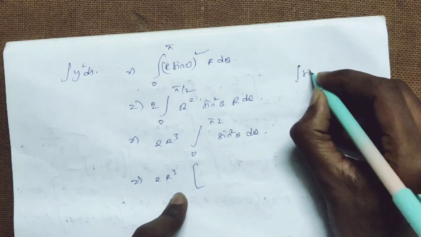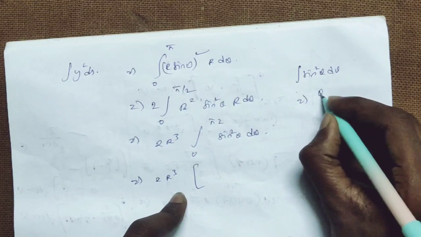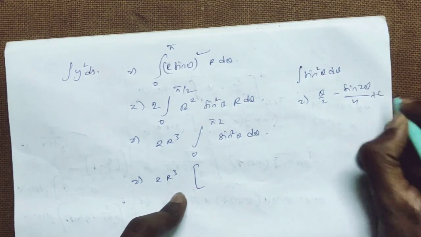The integral of sin square theta d theta is equal to theta by 2 minus sin 2 theta by 4 plus c.